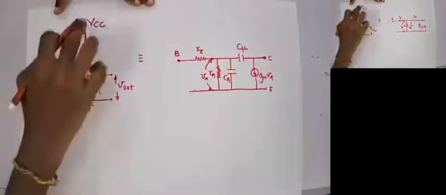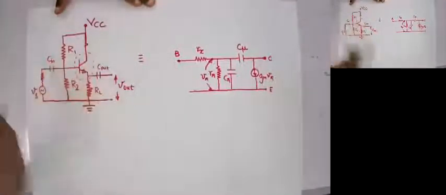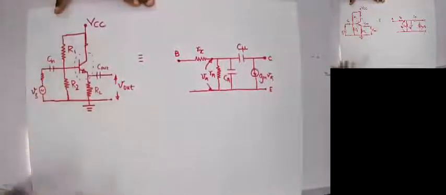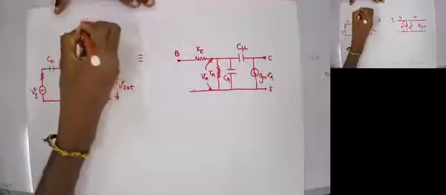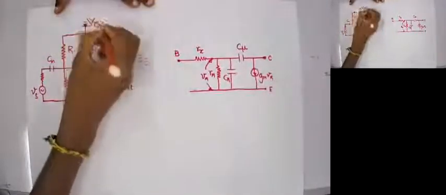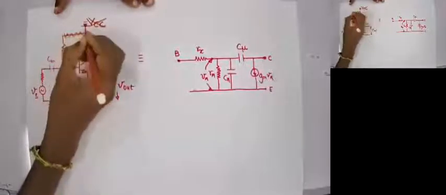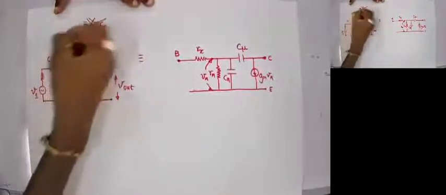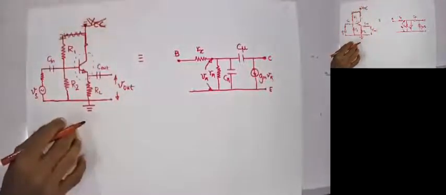And ground any DC voltage sources you have. There are no inductors, leave that, but we have a DC source, so just ground it. We can remove it and make two ground lines, one ground here, the other one here.